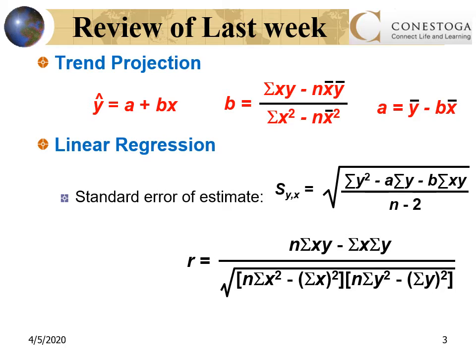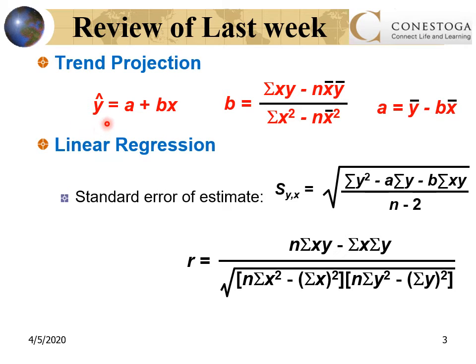A quick review of what we did in the last week. So last week we discussed trend projection and linear regression. Trend projection refers to finding a trend line for the data.